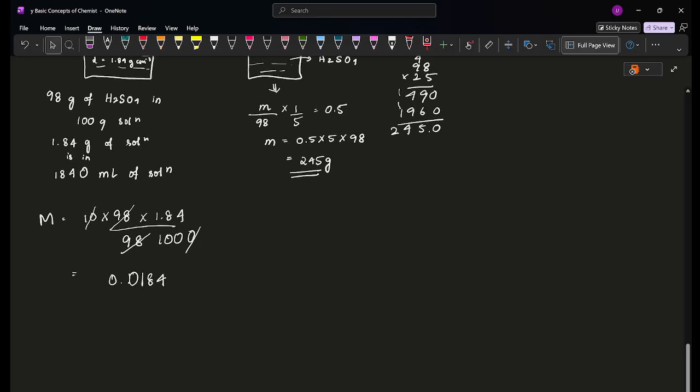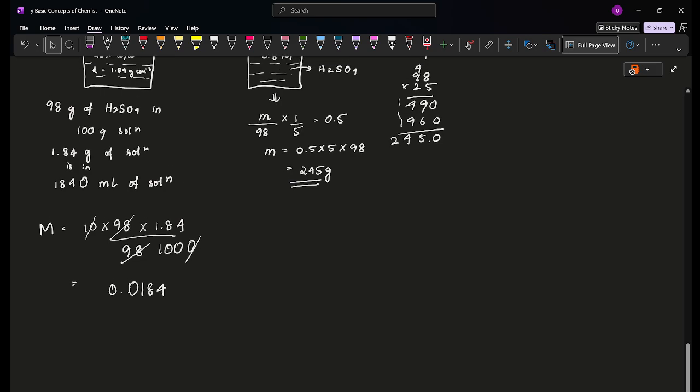So if this is the molarity, we need to find. Okay, so let's quickly check this out because I think this is as far as we could understand the question.